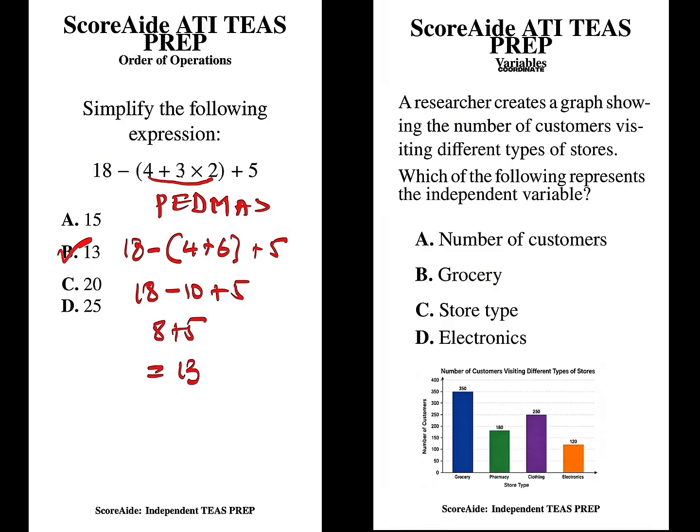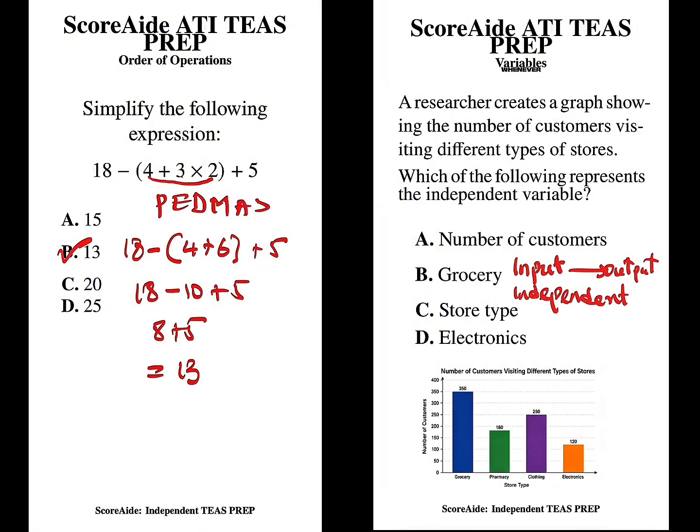On the x coordinate, we have the store type. Now, the only thing you need to know is that we have a set of inputs and we have outputs, right? All inputs are independent variables.